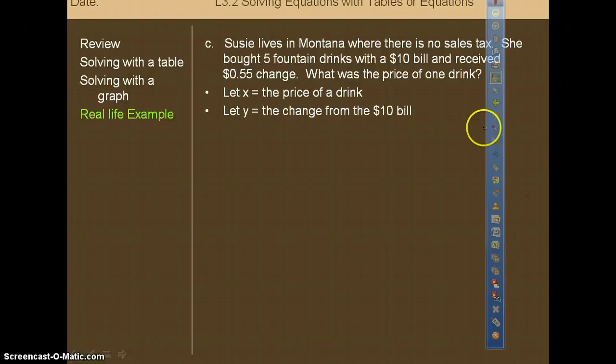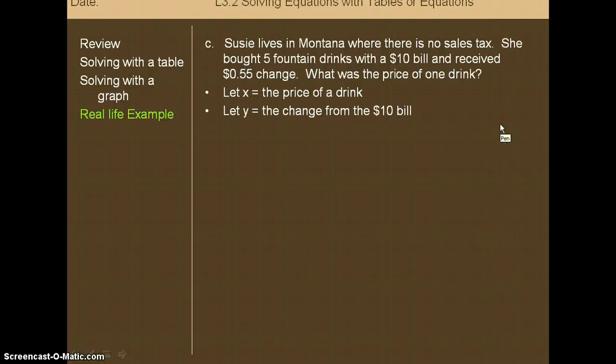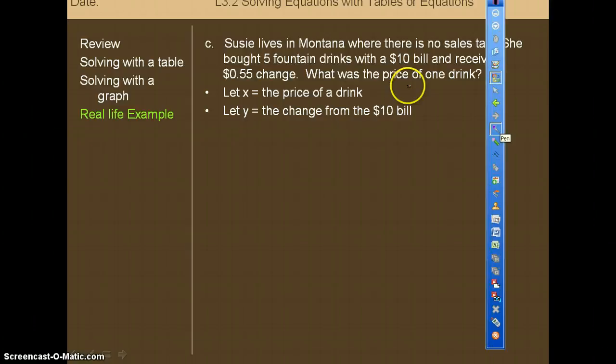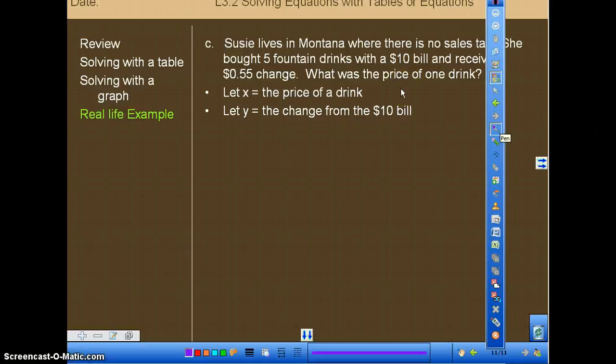We're going to start this one with a table, since in order to solve with a graph, we need to begin with a table anyhow. Makes sense that we can start this with a table and see how things look. We'll need to begin by creating a table to track our X and Y values.